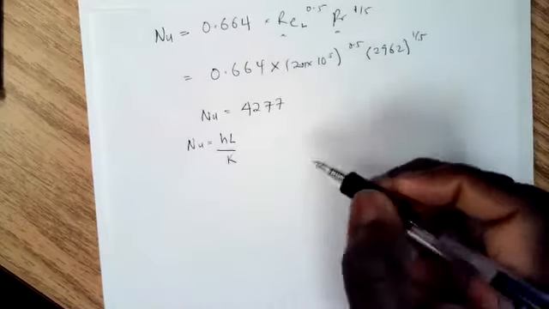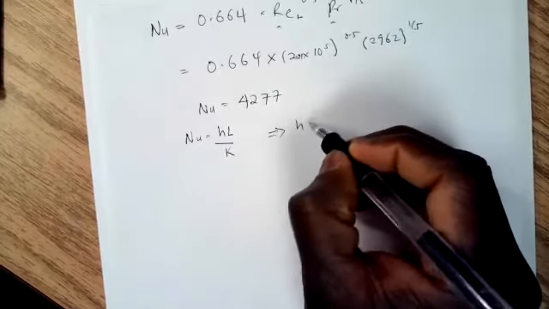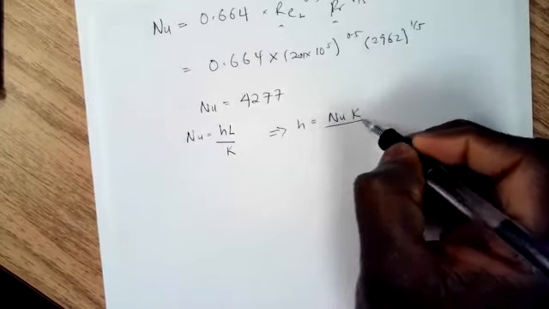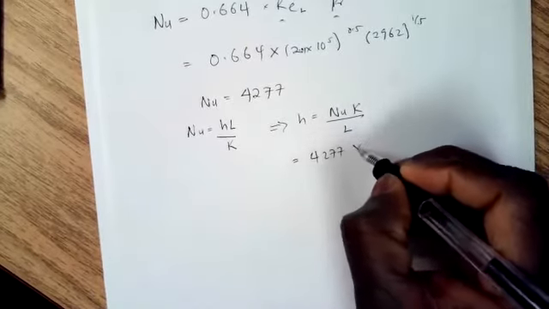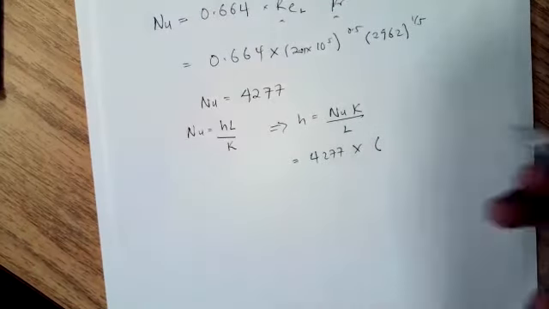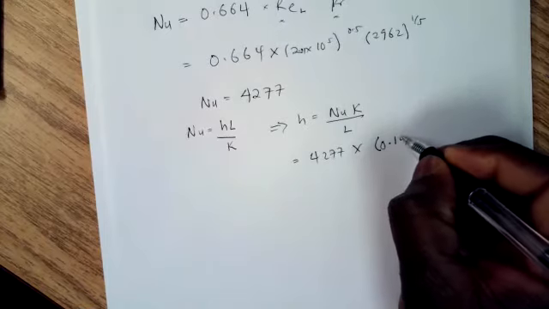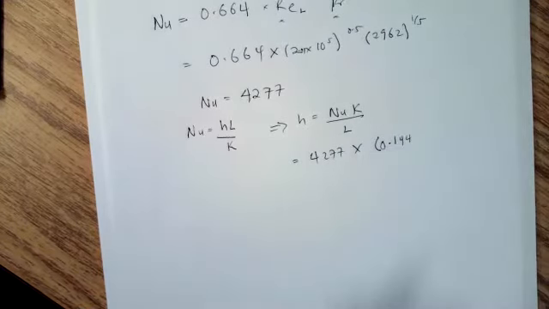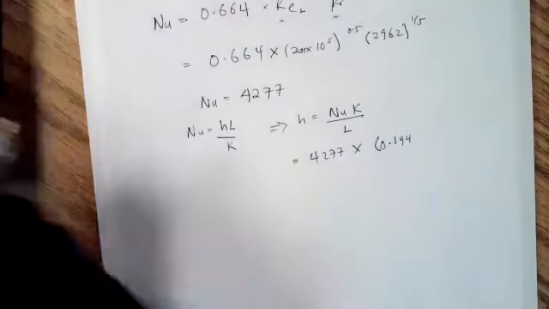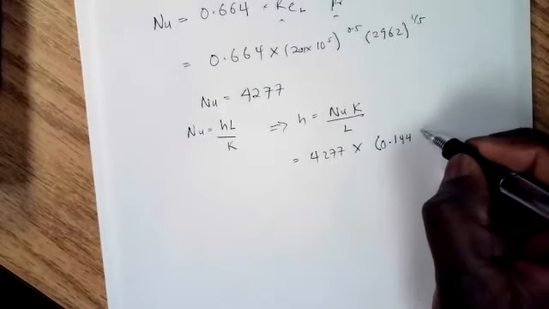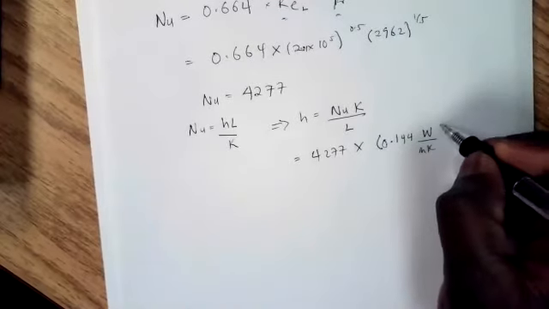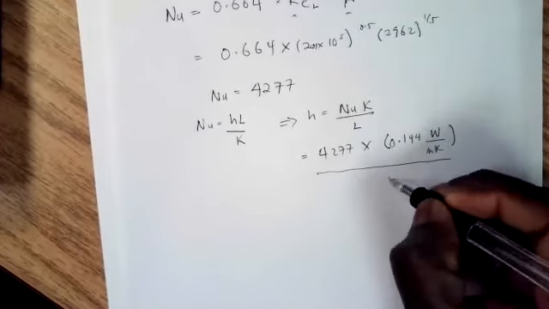Okay, we need our h value. From this, we get that h is equal to the Nusselt number multiplied by k divided by L. This gives us 4277 multiplied by our value from the table, which is 0.144 watts per meter Kelvin, and then all this divided by 5.